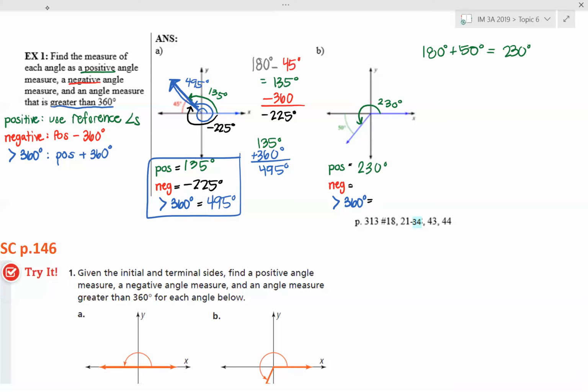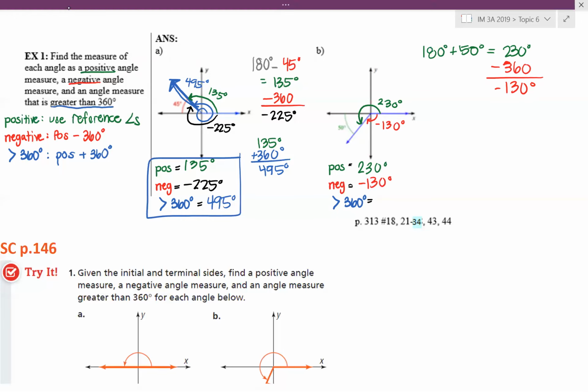To find the negative angle, I'm going to do 230 minus 360. And so that's going to give me a value of negative 130 degrees. So the negative equivalent of this, so going that direction, is negative 130 degrees.